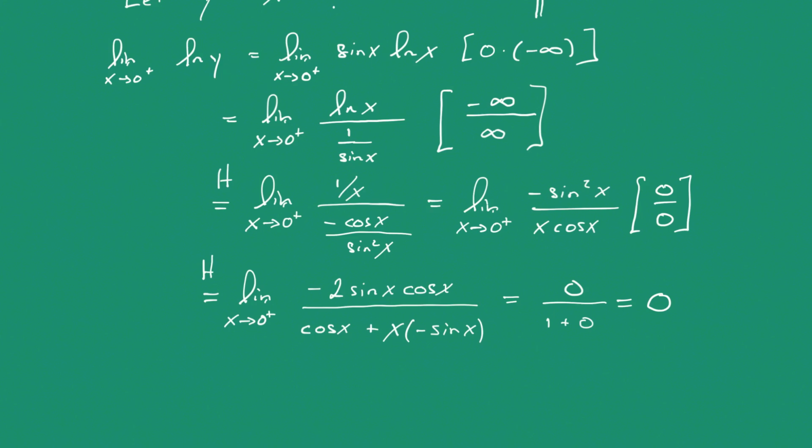But remember, what we wanted was the limit as x tends to 0 from the right of x to the sine x, which is to say we wanted the limit as x tends to 0 from the right of what we called y.